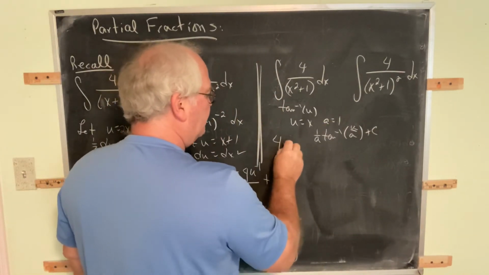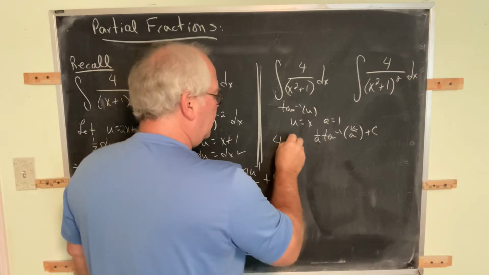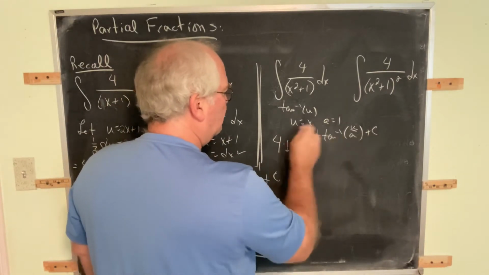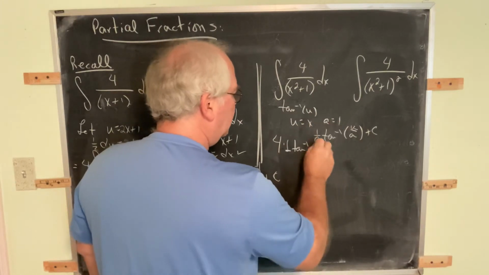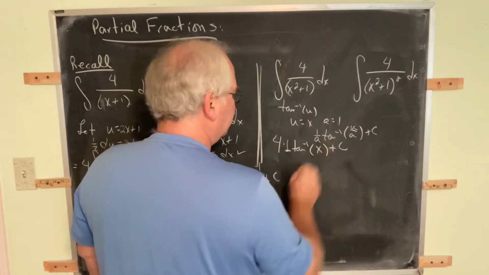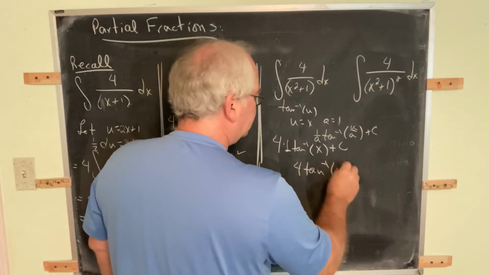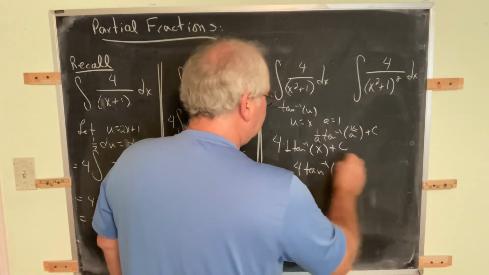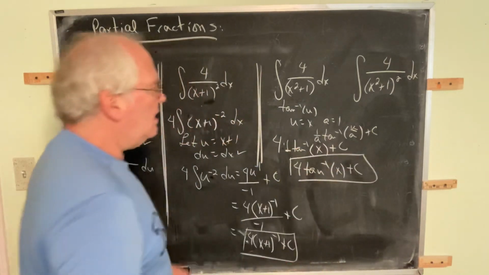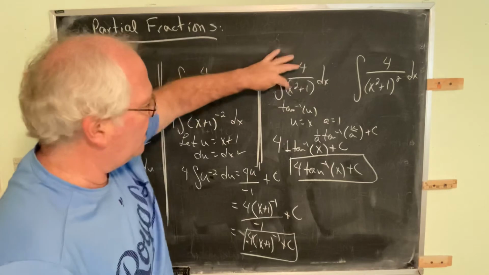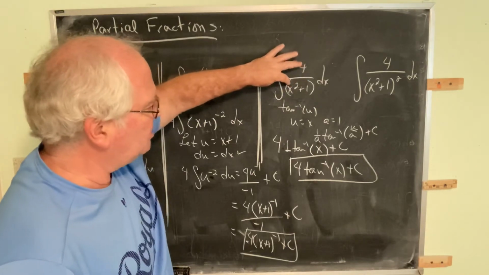So we have 1 over A is 1, tangent inverse of U over A, that's x over 1, plus the constant, so that's 4 tangent inverse of x plus c. And so if you have x squared plus 1, or x squared plus 4, x squared plus 9, this is the tangent inverse form.